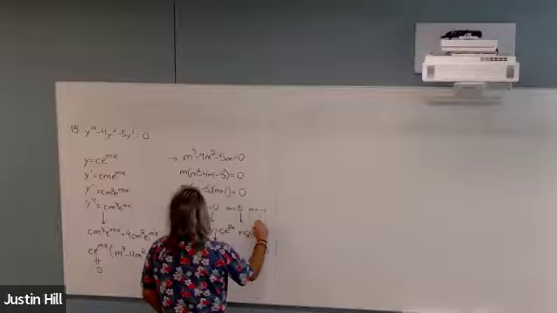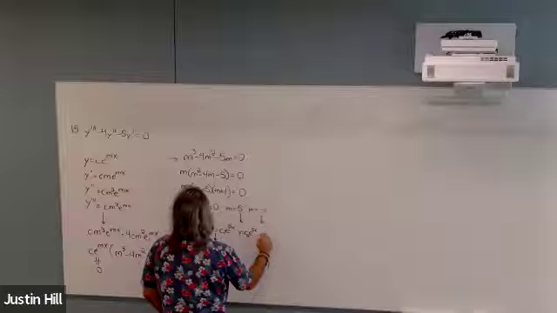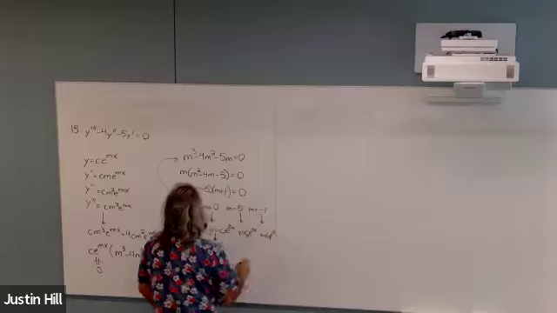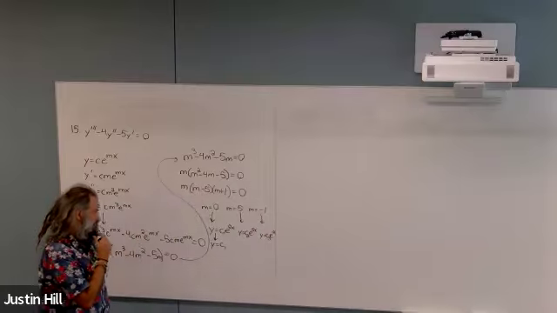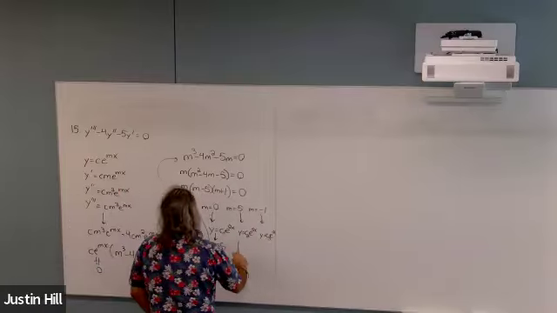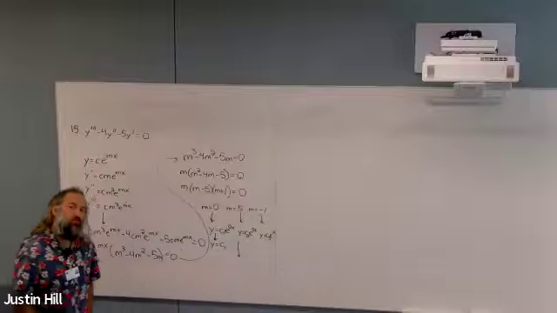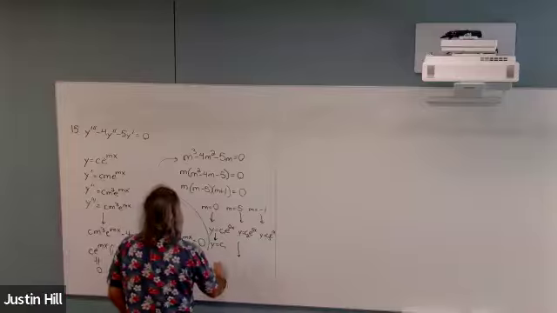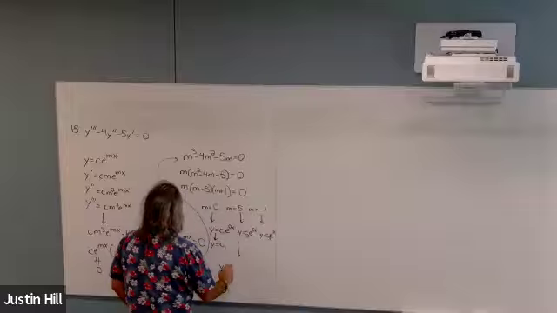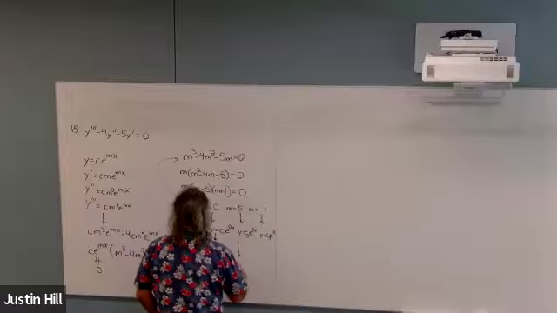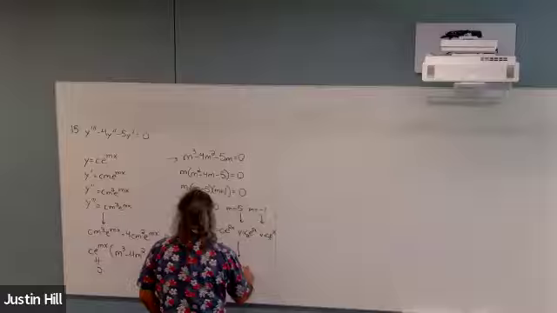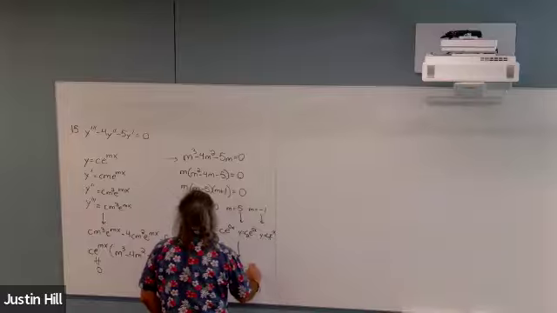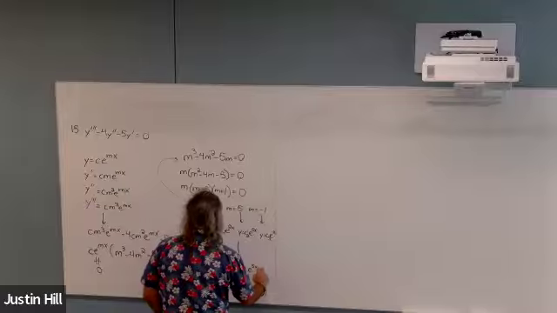We also have y equals C3 e to the -x. So how would we write our general solution? Our general solution is y equals C1 plus C2 e to the 5x plus C3 e to the -x.